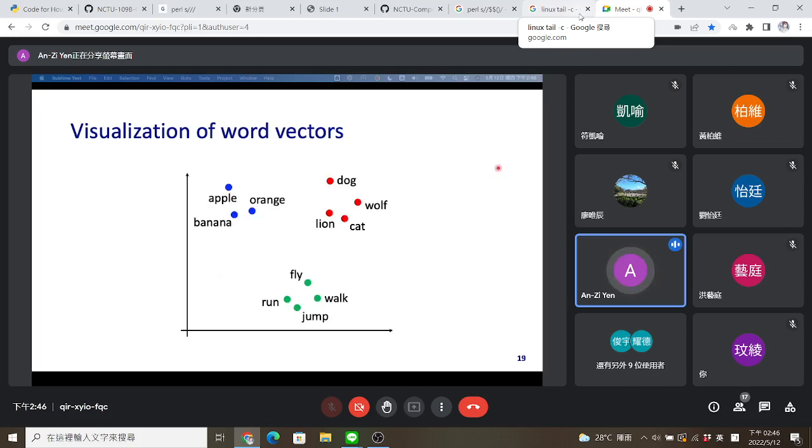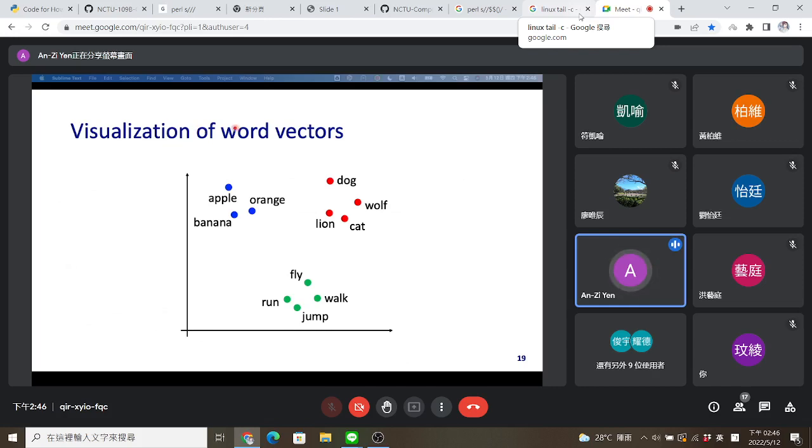For example, if we perform principal component analysis on our data, where the data means word vectors, and we get a two-dimensional representation, then we can plot a visual of our words.